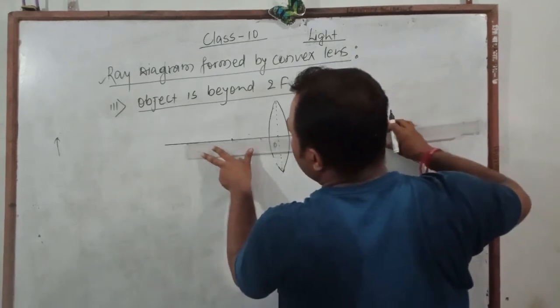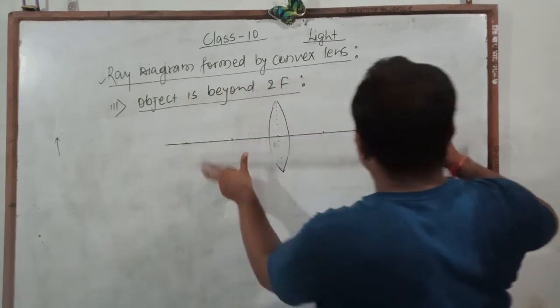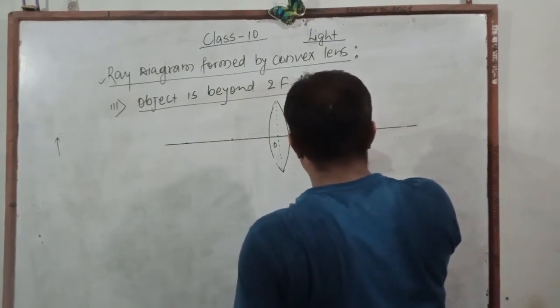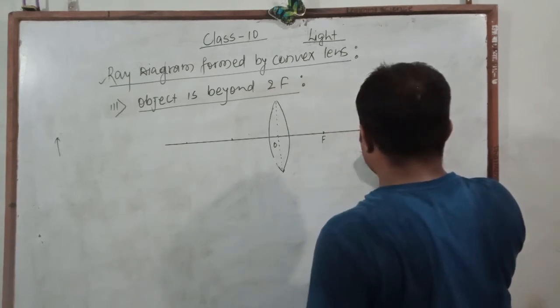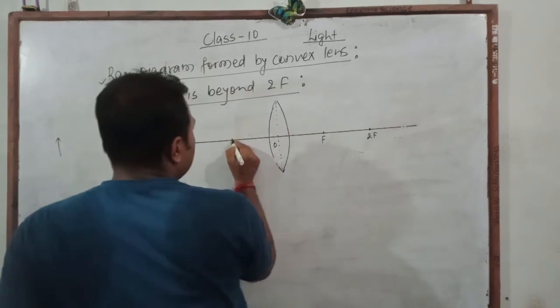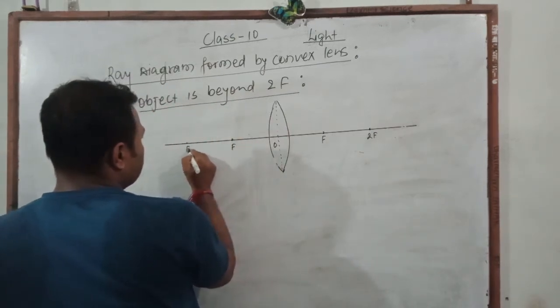On both sides we measure 2f. And here we mark that point, which is called principal focus. Double of the principal focus is the center of curvature.